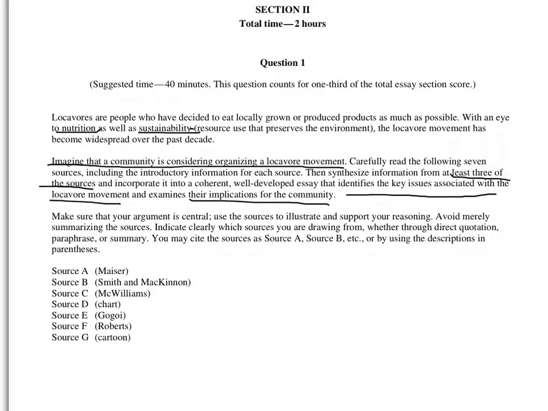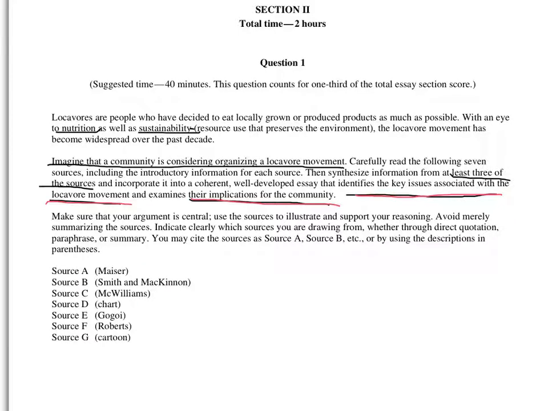Although it might not seem like it, the key bit of information we have in this prompt in order for you to write an effective thesis statement is this bit right here that identifies the key issues associated with the locavore movement and examines their implications for the community. Now, quite simply, the essay is asking you to review the locavore movement.